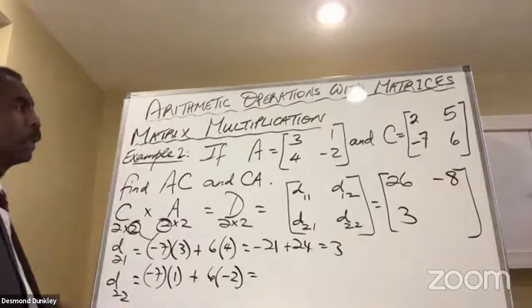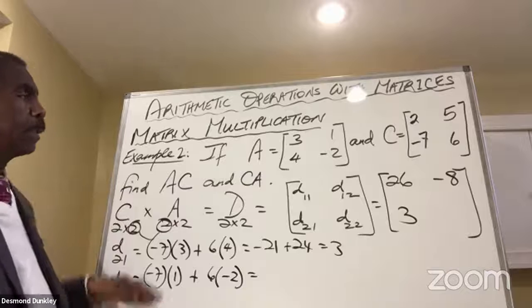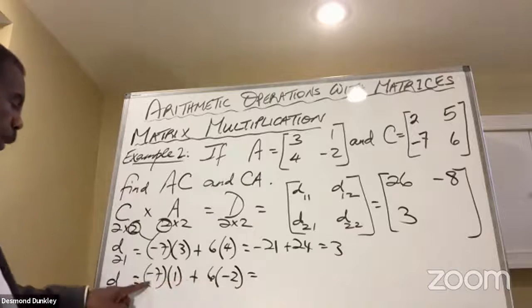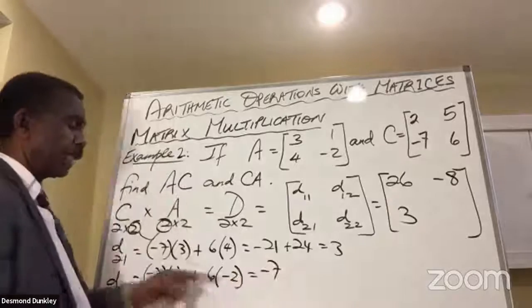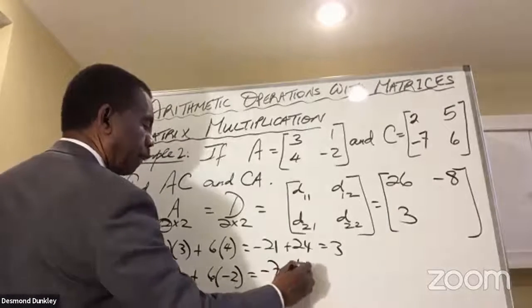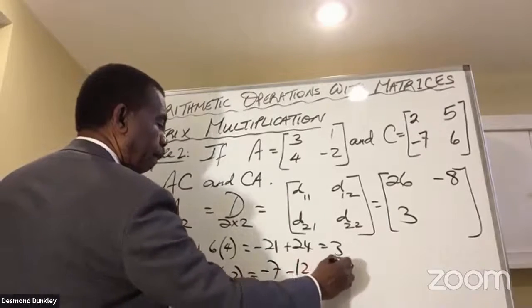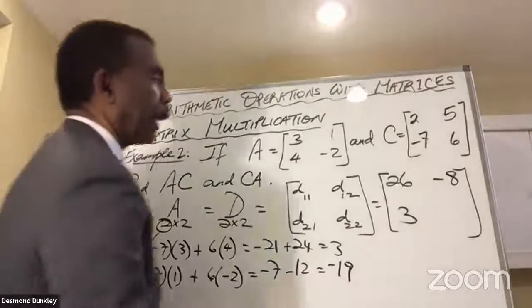So -7 times 1 is -7. 6 times -2 is -12. -19.